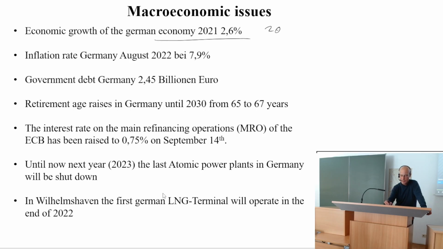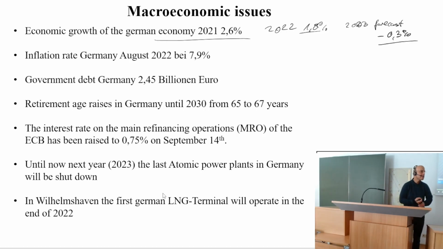In 2022, I think it was only 1.8%. And in 2023, my forecast, or the forecast of the Handelsblatt Research Institute, which I showed you, maybe minus 0.3%. And what do these numbers mean?